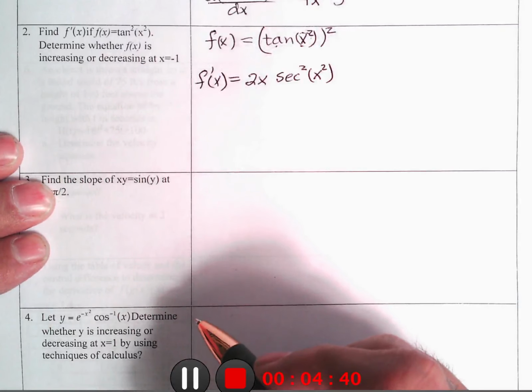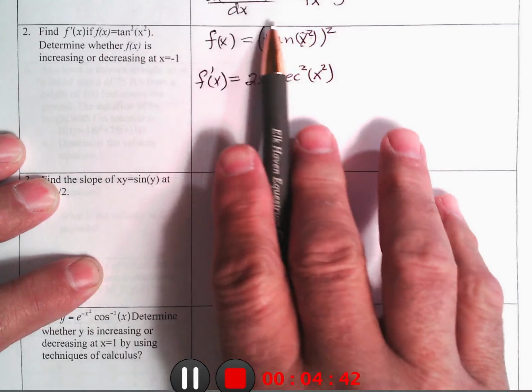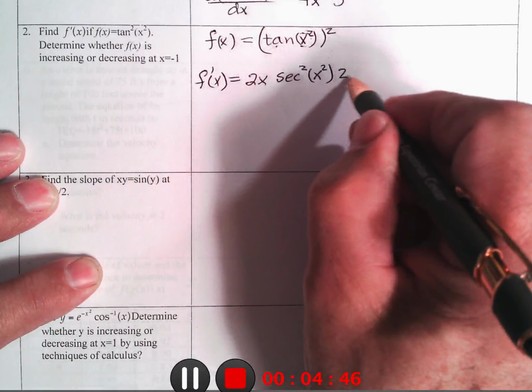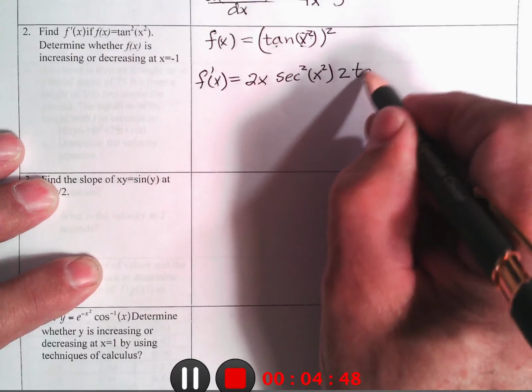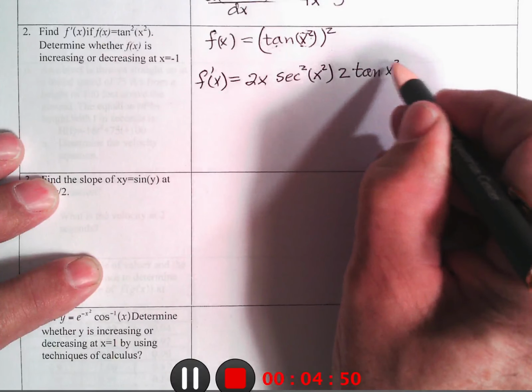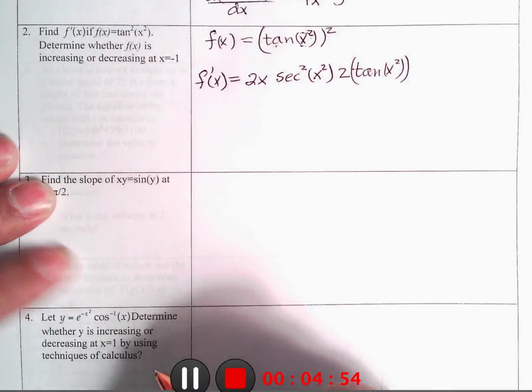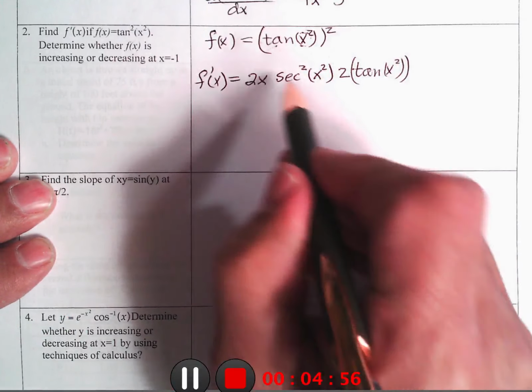And then the derivative of something squared is 2 times that something to the 1. So there's f prime of x.